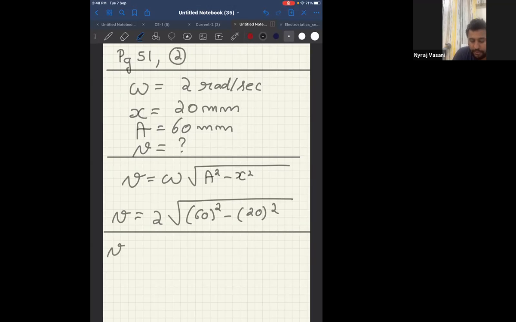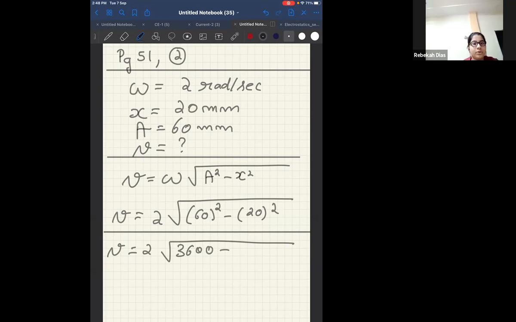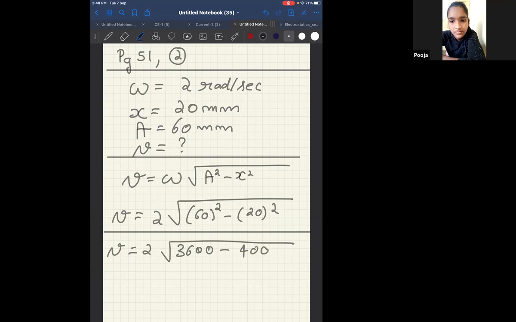Therefore, can I say velocity is equal to 2 square root of, tell me what is 60 square? 3600. 3600 minus what is 20 square? 400. Now what is 3600 minus 400?